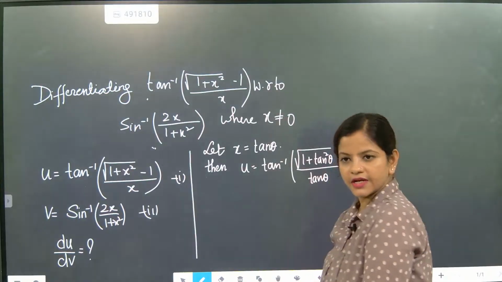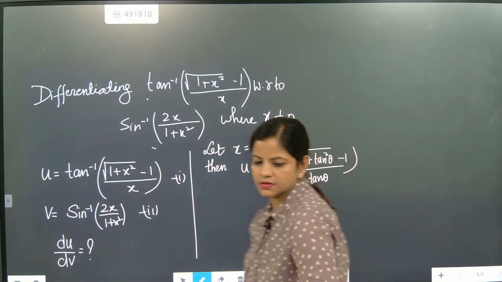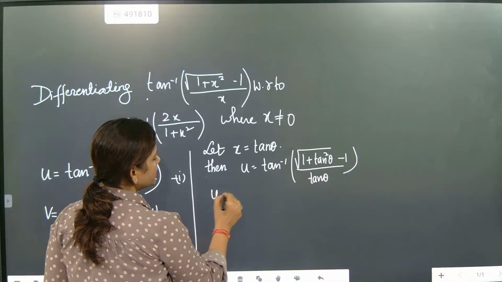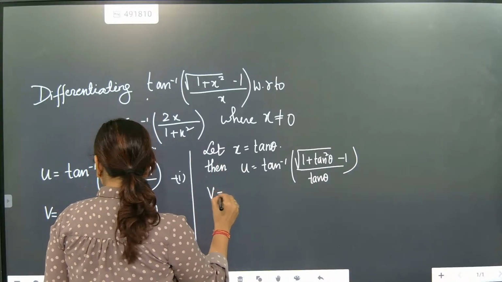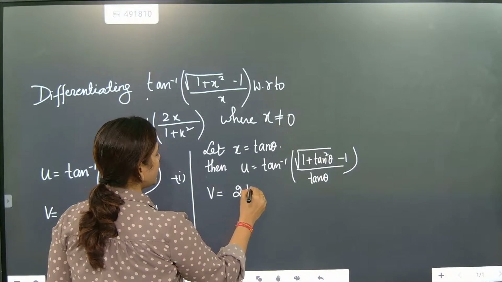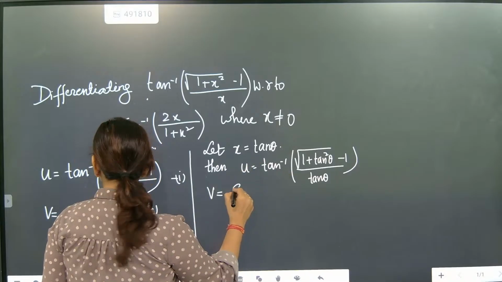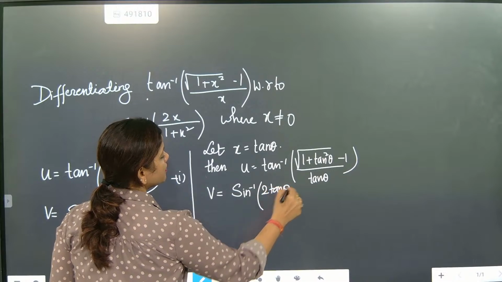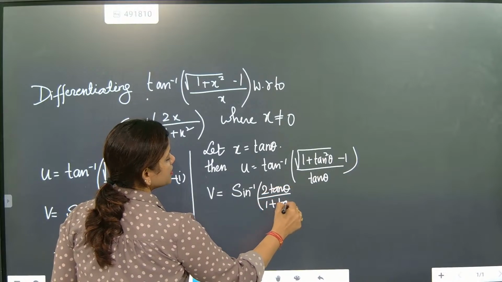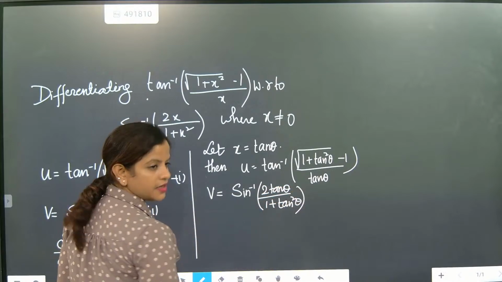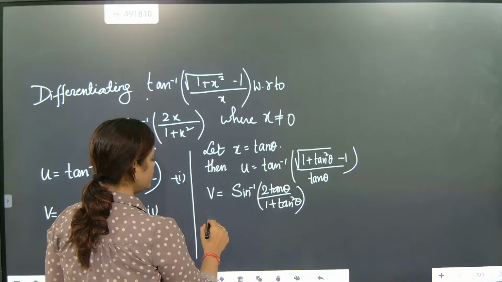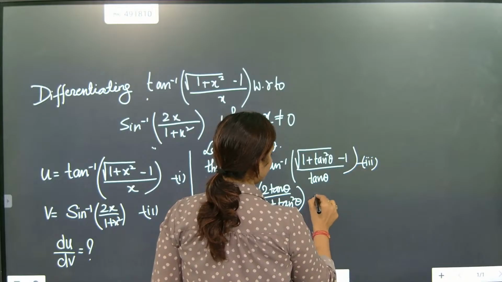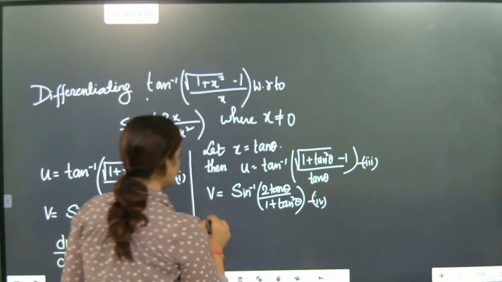Now here 1 plus tan square theta is secant square theta, so secant minus 1 will come. And v is equal to sine inverse of 2 tan theta by 1 plus tan square theta. Done. So now this part solving, we are going to take as equation 3 and this part will become equation 4. So solving 3.